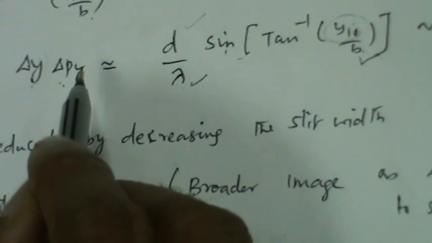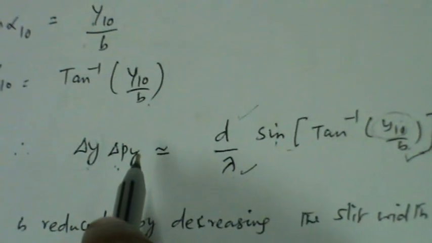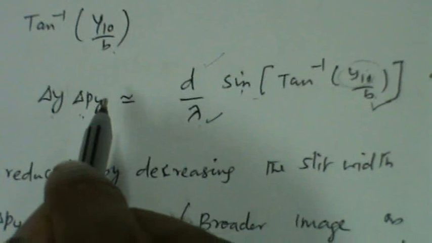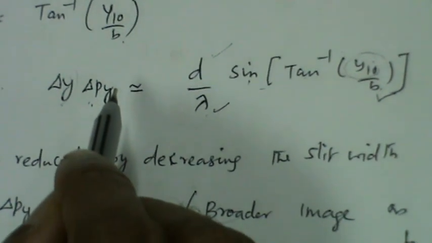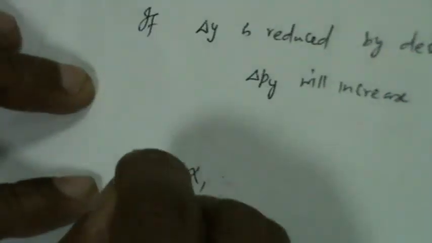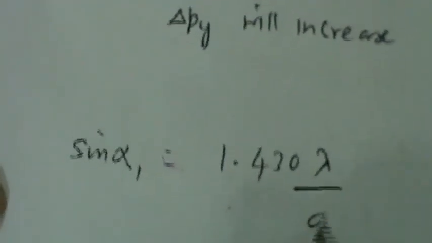This is true even from the expressions which we got for different diffraction maxima in part 1 of the experiment. For example, we got a relation sin alpha 1 equal to 1.430 lambda by d.